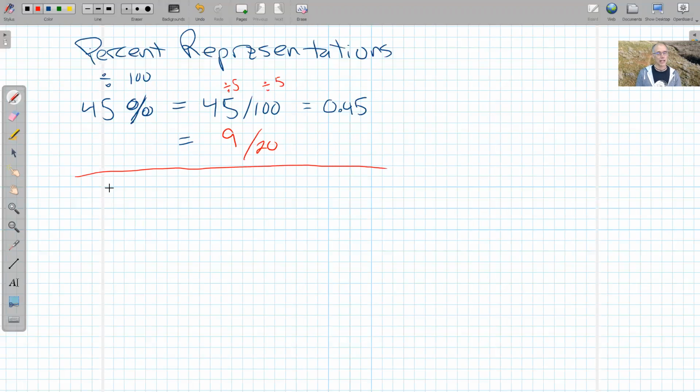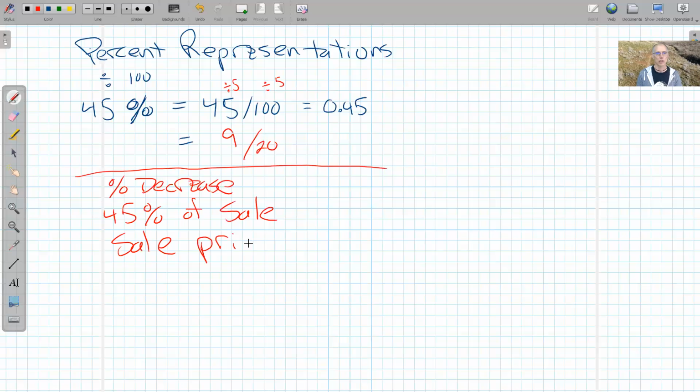We're going to look at a percent decrease problem here with a graphic to help solve it. So let's suppose there is a 45% off sale. And we see that the sale price of, let's say, a book we want is $33.